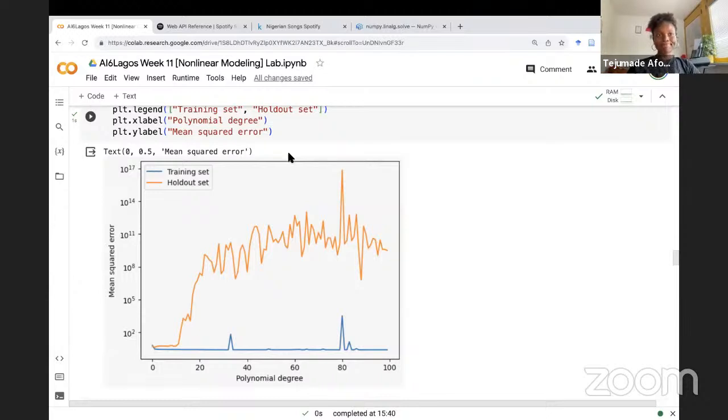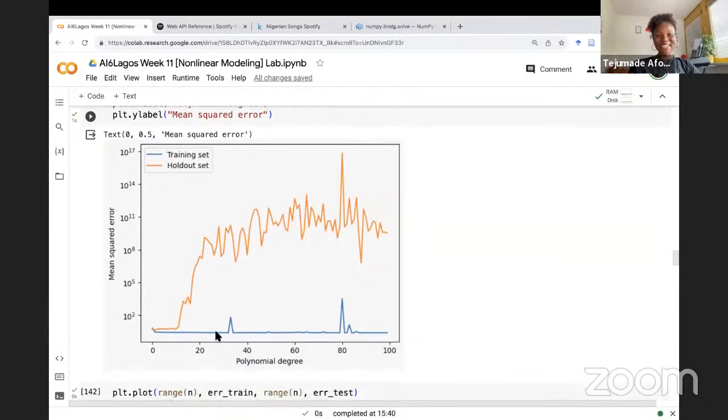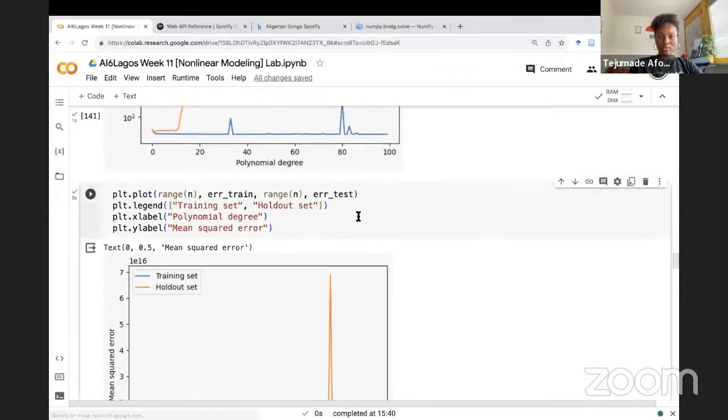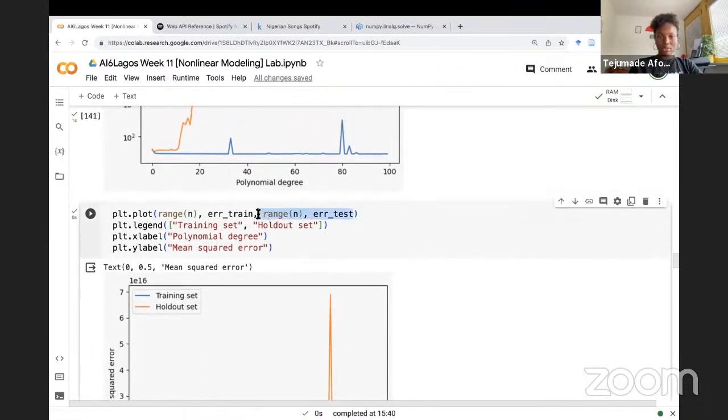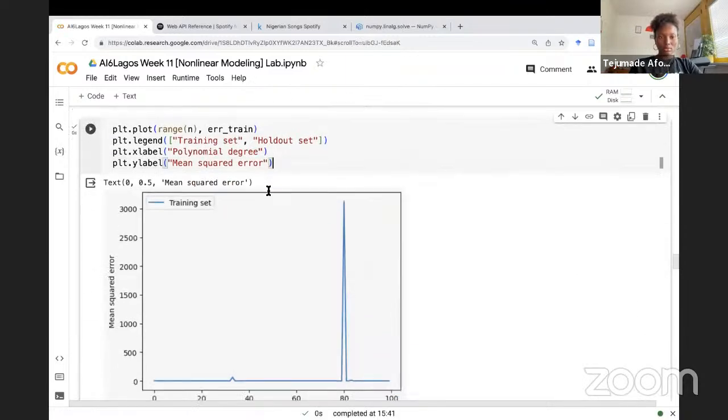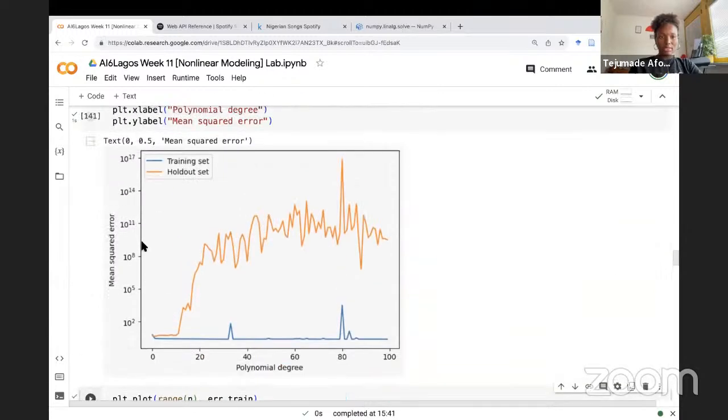Sorry, it's fine. So you can see here that the train error keeps going down. In fact, let's just look at the train alone for now. We can see that it keeps going down. Let's be dramatic again.